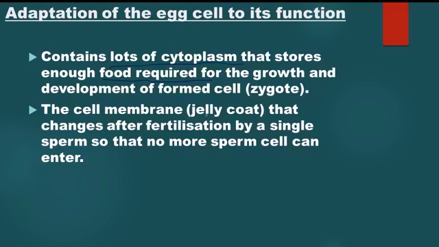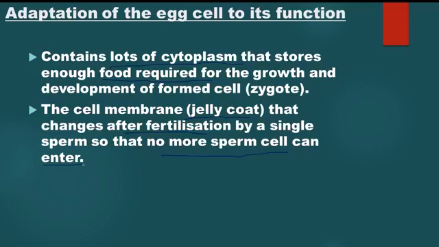Then finally we have the jelly-like coat, the membrane. Remember what we said, that this jelly-like membrane changes after fertilization by a single sperm so that no more sperm cell can enter the ovum. So these are the two adaptations of the egg cell.